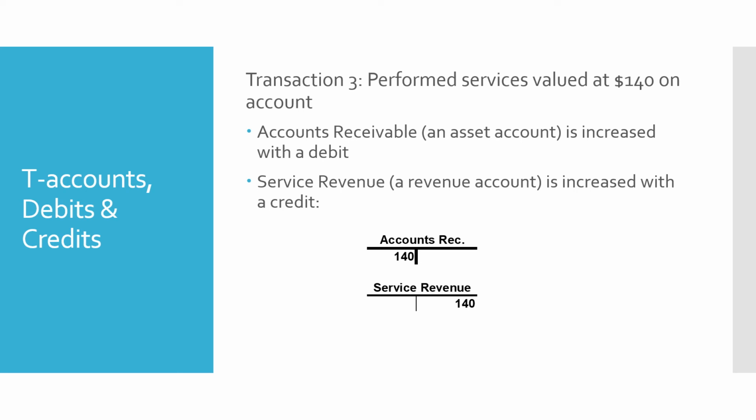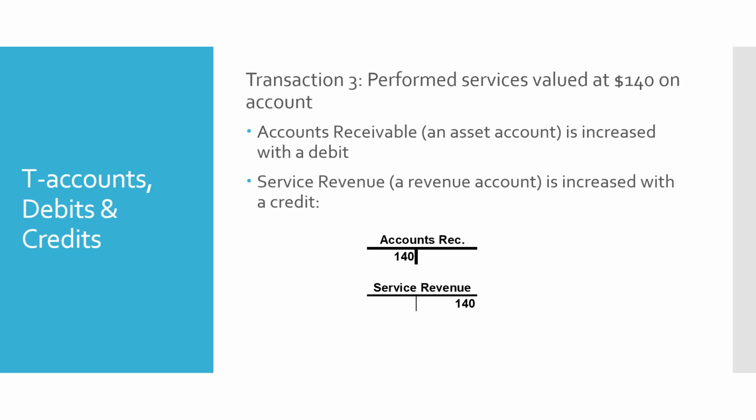The amount that they owe us is referred to as an accounts receivable. You can think about that as an account to be received, accounts receivable, an asset, as opposed to an account to be paid, accounts payable, which is a liability. So we're performing services and the amount is owed to us.